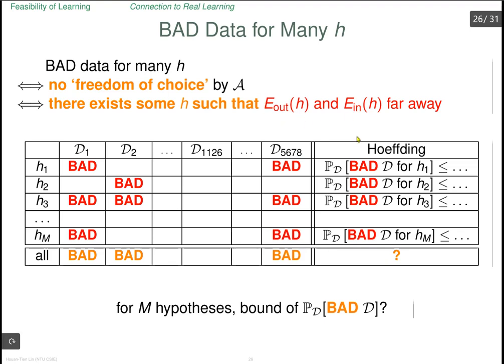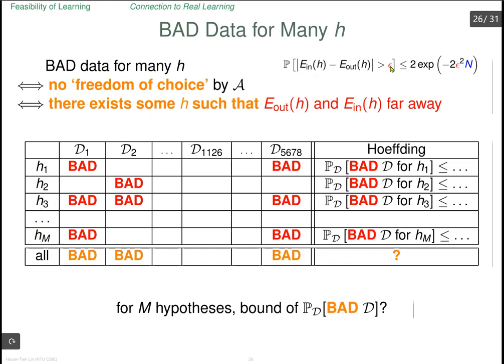Let me open that slide real quickly to show you. Here, I just copy and paste. This is Hoeffding's inequality for one selected hypothesis. So we will have a lot of these bad samples for M hypotheses.